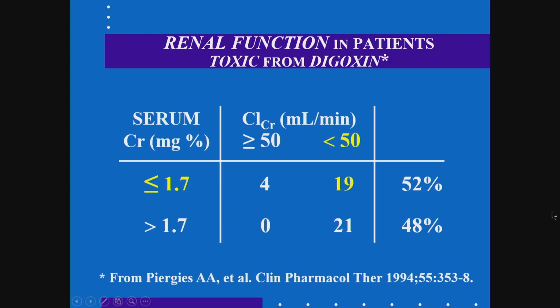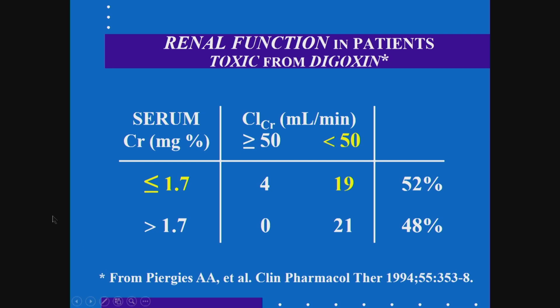An example of the importance of relying on the estimated clearance of creatinine as opposed to simply measuring a serum concentration of creatinine is illustrated in this work by Pierges and colleagues in the early 90s.